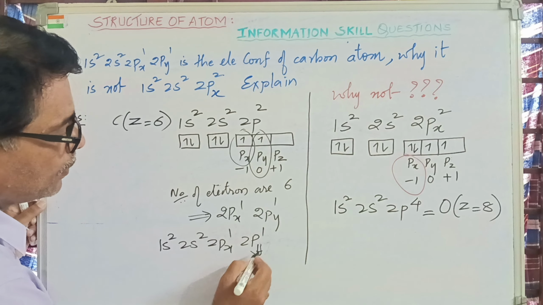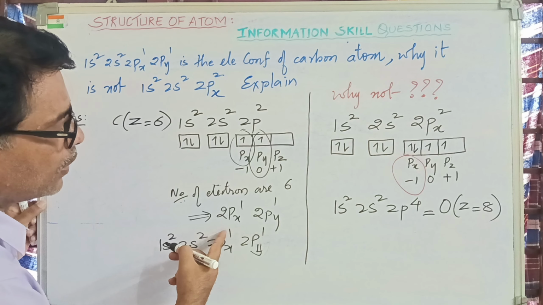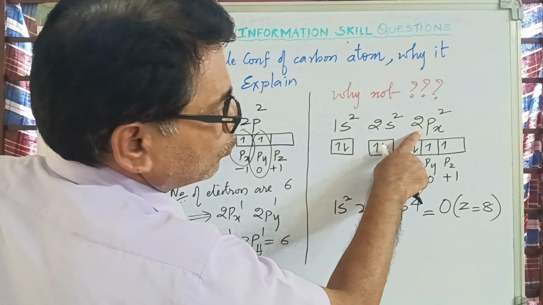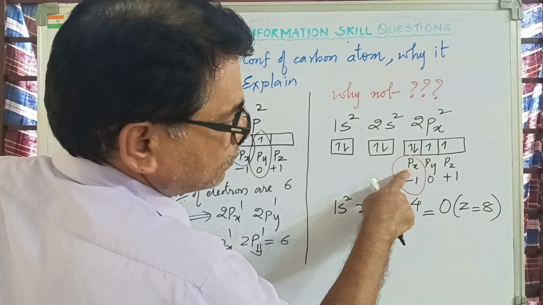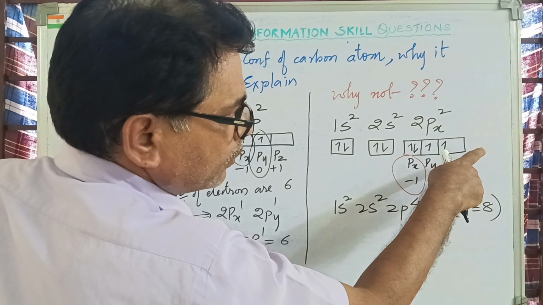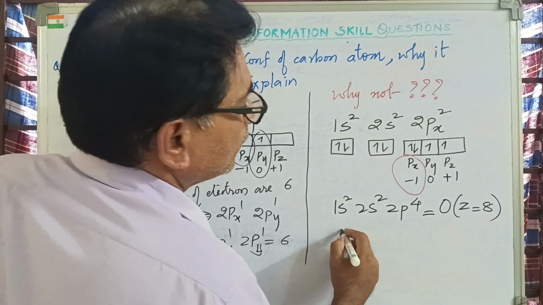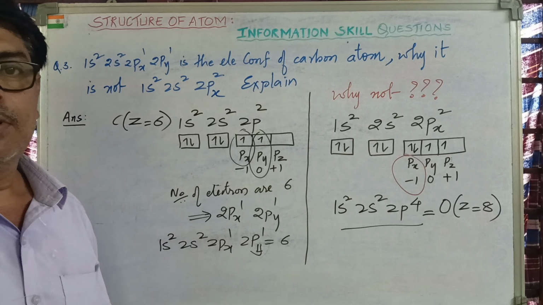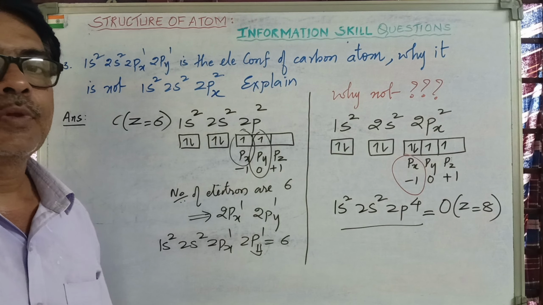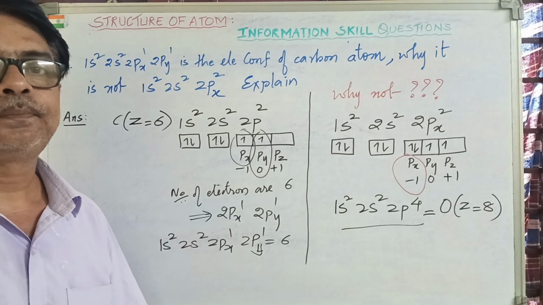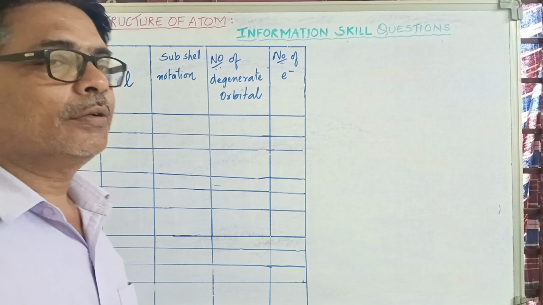Therefore 2 plus 2, 4, 5 and 6. So it is 6 only. But if he is asking you to write 2px2 directly in px, you have to take 2 in px, which means first you have to fill each one with 1, then go for pairing. So it has become oxygen. That is the reason these two are not the same. This is carbon and that is oxygen. A very interesting question.